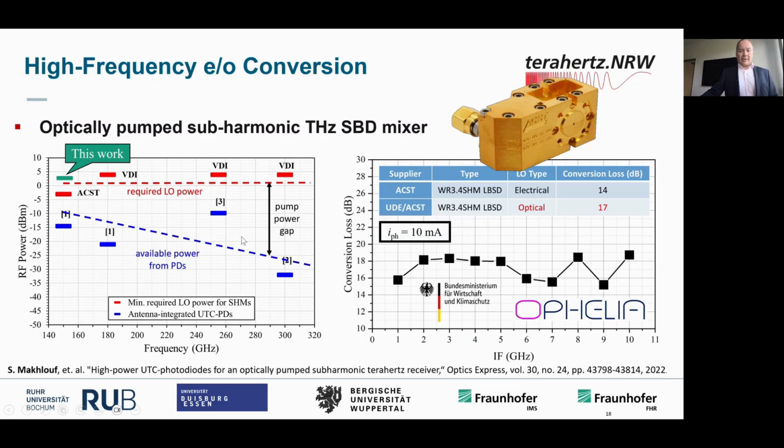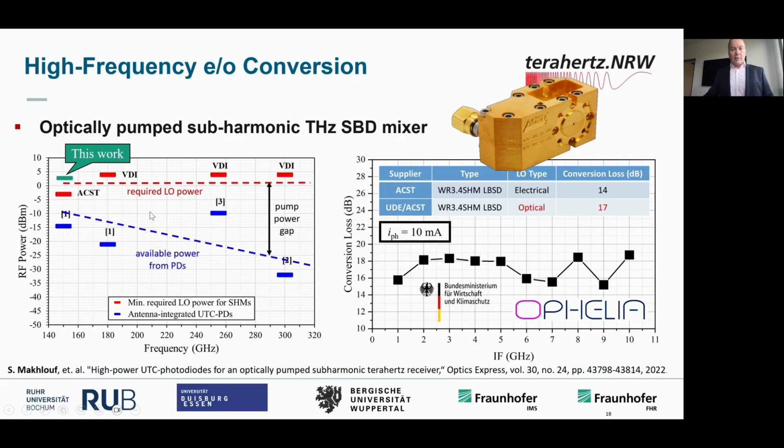And the blue bars show what LO power could be reached using a photodiode before we started our work. You see that in all cases the provided LO power is too low. So we could not use a photodiode to pump this mixer.